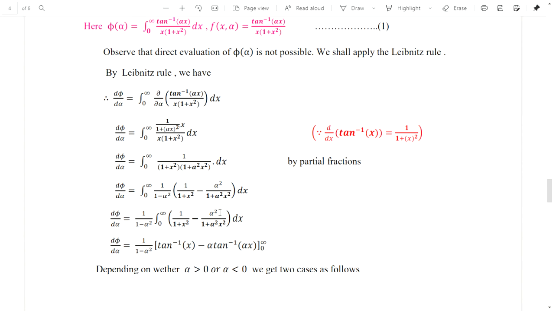So alpha squared and alpha will get cancelled and we will be left with 1 by alpha into tan inverse of alpha x from 0 to infinity.